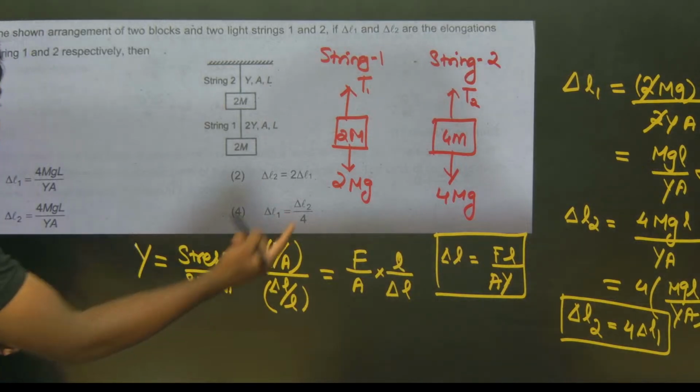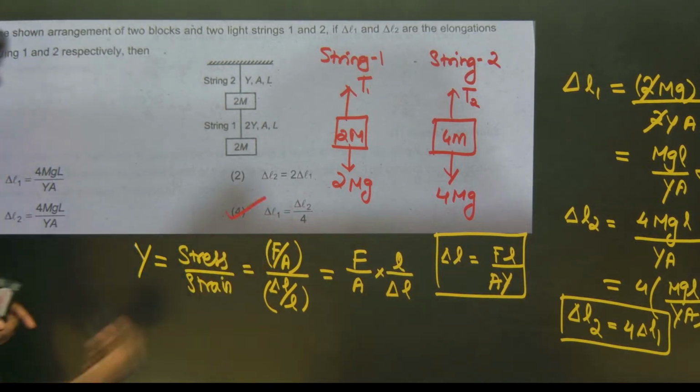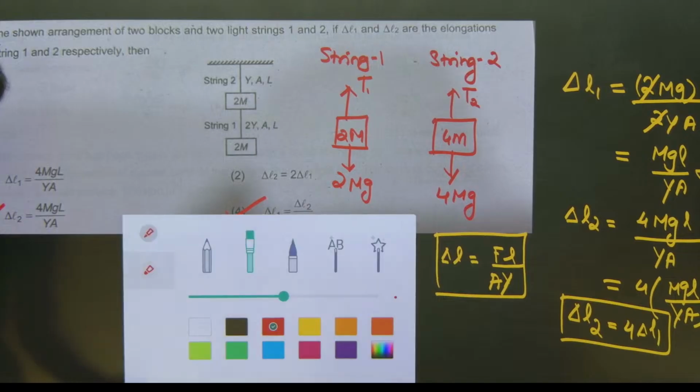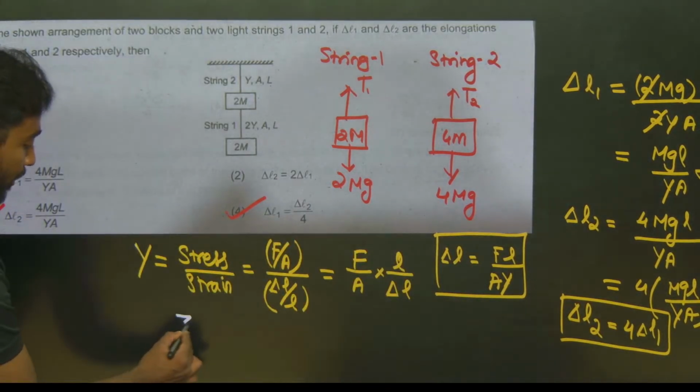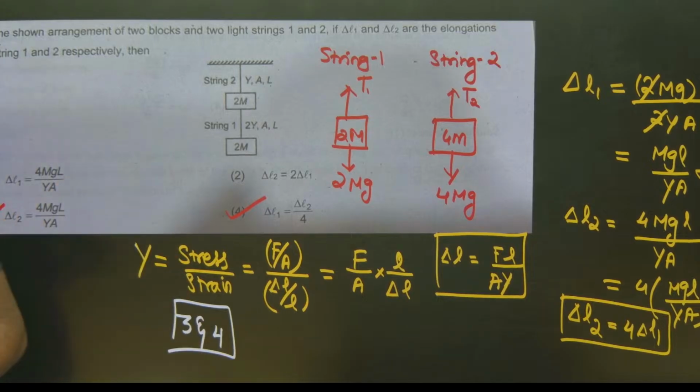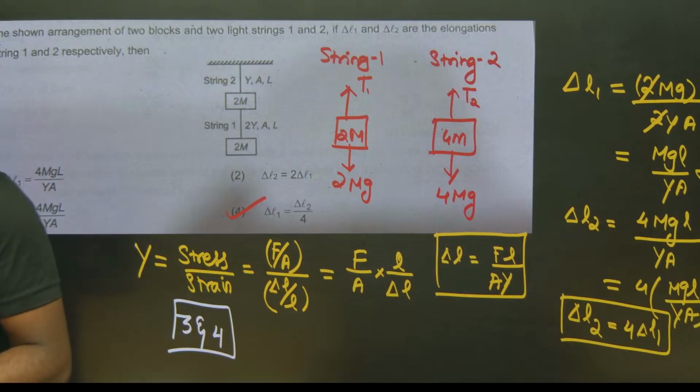Delta L1 is equal to delta L2 by 4. Yes. And delta L2 is equal to 4 times mgL by YA. Option 3 and 4 are correct. Two options are correct.